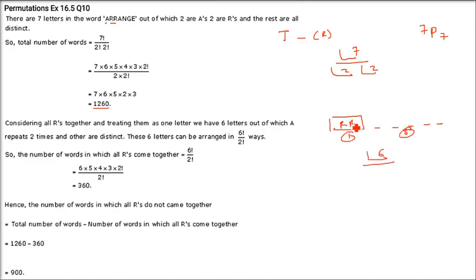But in here, except R, we have A also being repeated, so you have to divide it by factorial 2. So this is the total possibilities with R together. We want to subtract it so that we get the number of words in which all R's do not come together. And that is going to be 900.